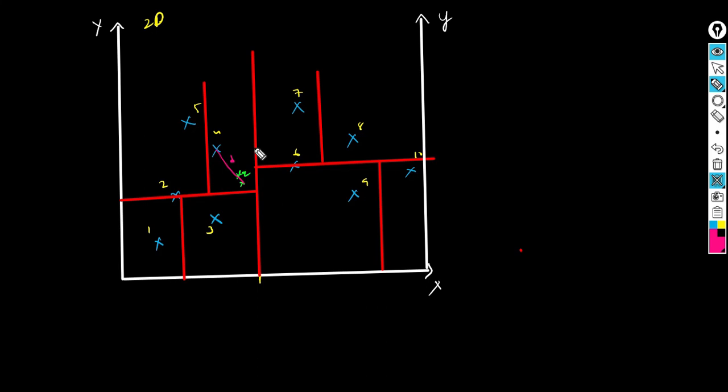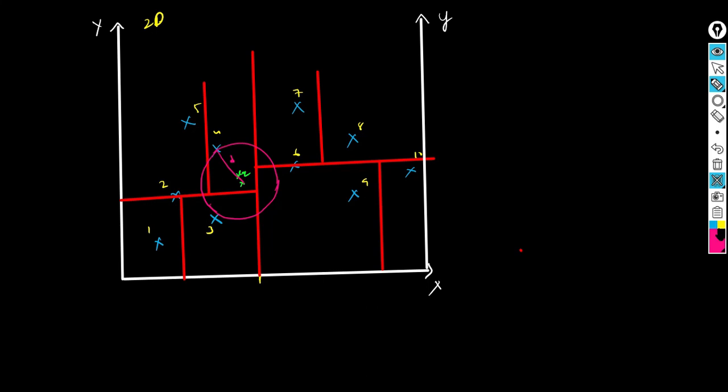Now we will plot a circle with d as the radius and the center point xq. This is the circle we get because it is in 2D space. If it is in higher dimension, we will call it a hypersphere.